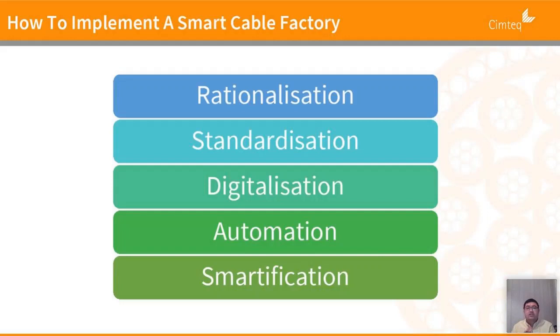So for each different department, you have a system that helps you do things better, quicker, with fewer errors and more accurately. When you start using systems like ERP, PDM, MES, quality control, and advanced planning, then you are in the position of stage 3, which is digitalization.